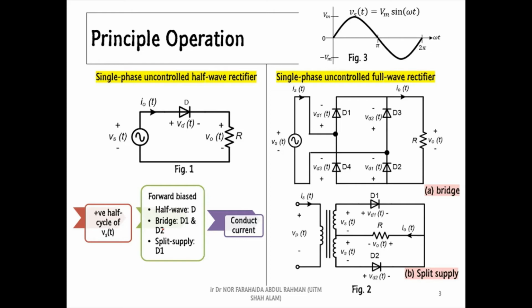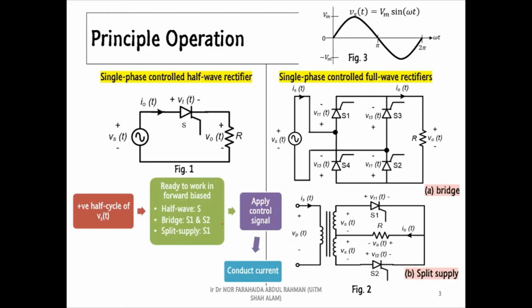It is because the polarity of the anode terminals is positive. Automatically, the diodes are turned on and conduct the current. Now, we will consider the principal operation of controlled rectifiers.